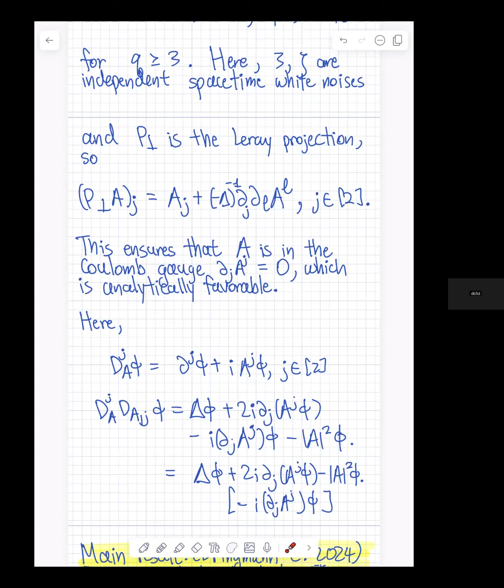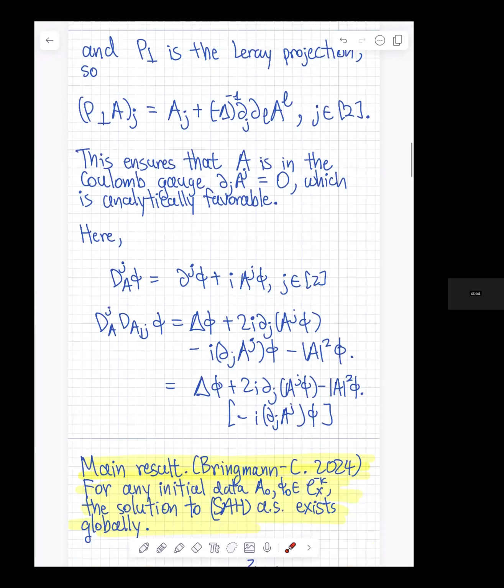So if you have a Gaussian integral over A of a partition function for the Higgs field moving in the field A as if it was an external field, if you see what I mean. Does that make sense to you?